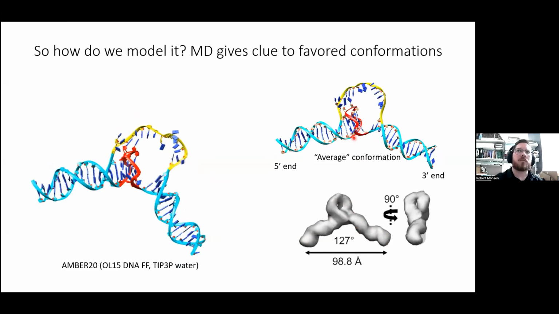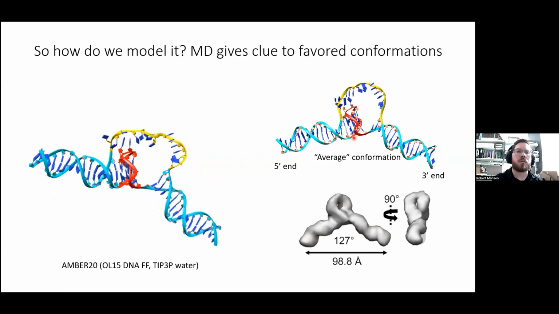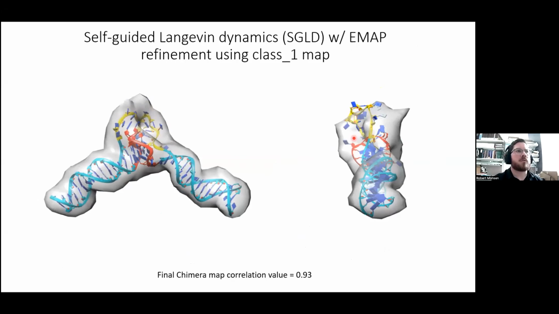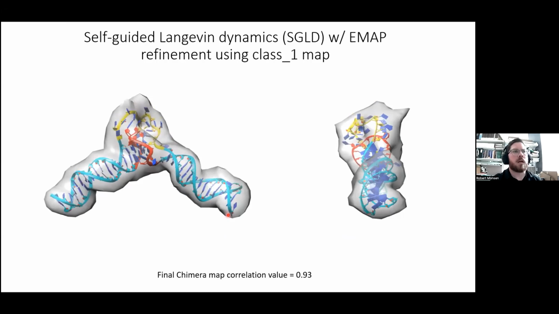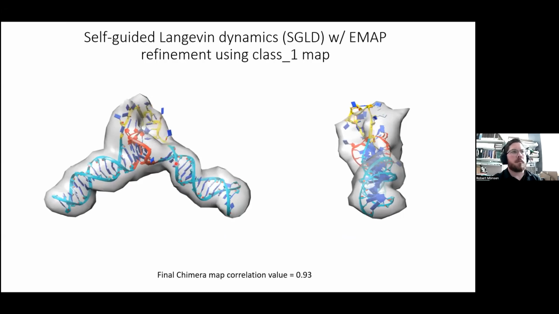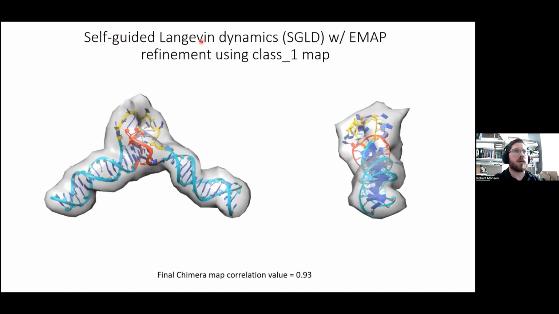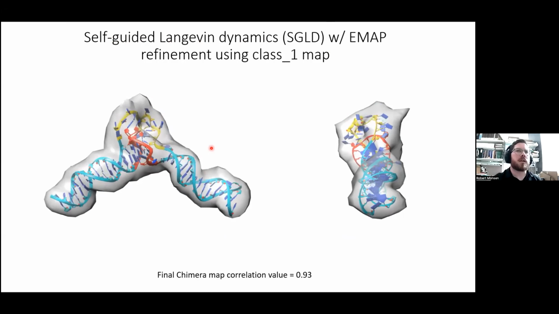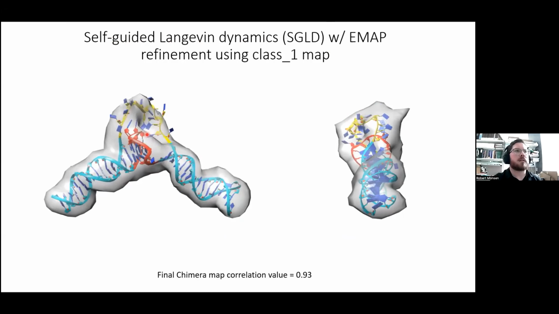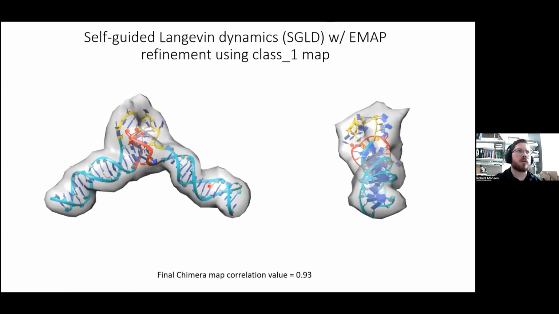And so we took advantage of these bend angles because they were fitting so well with the cryo-EM data. We were able to fit the initial bent conformation that best fit from the original MD that was unrestrained, fit it into the map manually, and then start a simulation using what's called self-guided Langevin dynamics with EMAP, which essentially is just a flexible molecular dynamics simulation with the map being a constraint, so that you can flexibly fit this poly-dT loop and the quadruplex and duplex can relax with the restraints of the map being there.